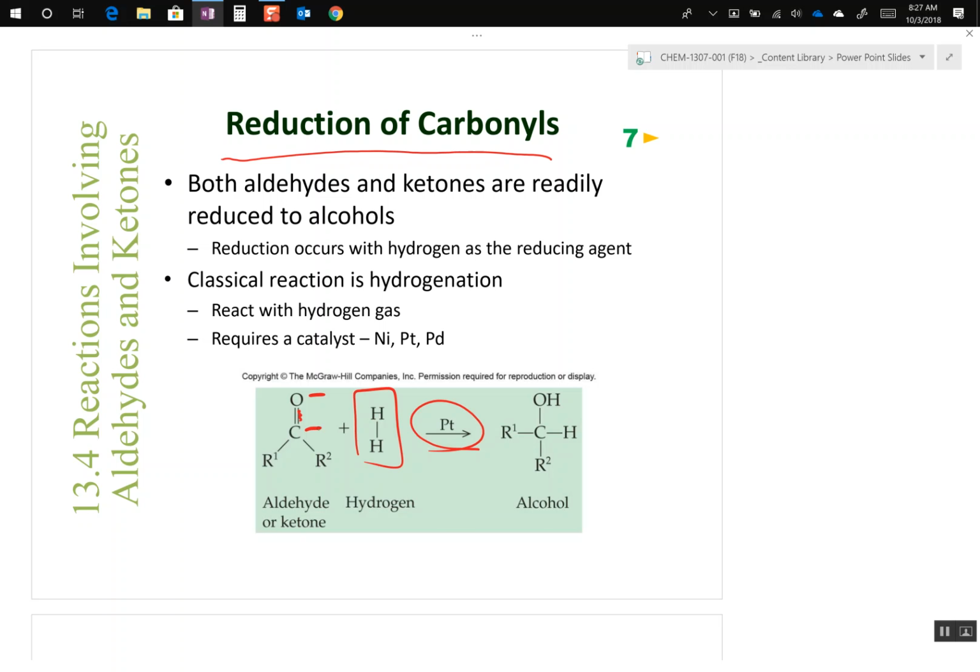Same kind of reaction here, except that the double bond's between a carbon and an oxygen. You break the double bond, you create two spots for binding, and a hydrogen goes to each one. And then you're going to form the alcohol. Okay?